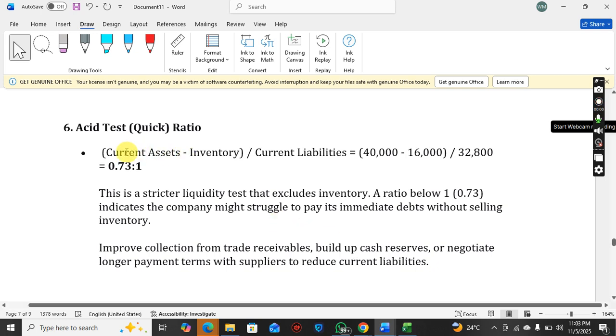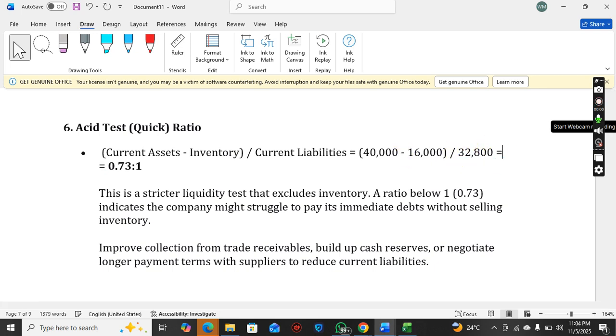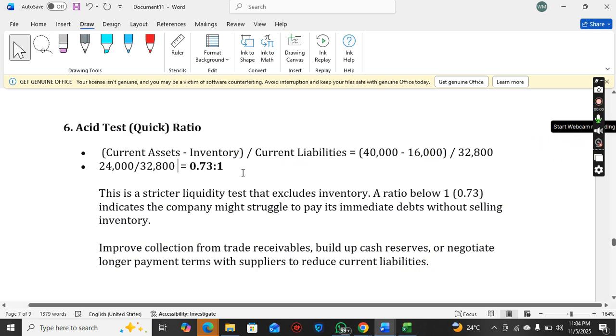So in your current assets you deduct inventory. In our financial statements it was 16,000, so you say 40,000 minus 16,000, you get 24,000. So 24,000 divided by 32,800 is 0.73.